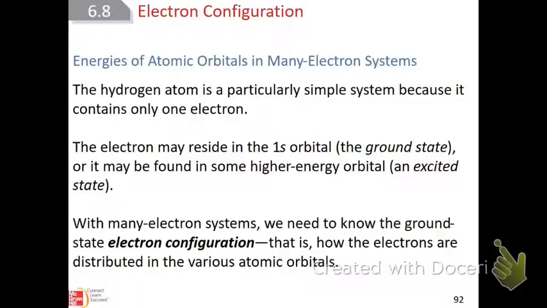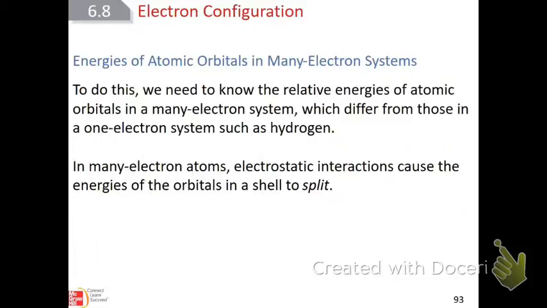So you need to learn how to write what's called the ground state electron configuration, and that's what we're going to learn how to do in this section. You need to know how to go about doing that, and we're going to use this chart as a baseline in which to do so.